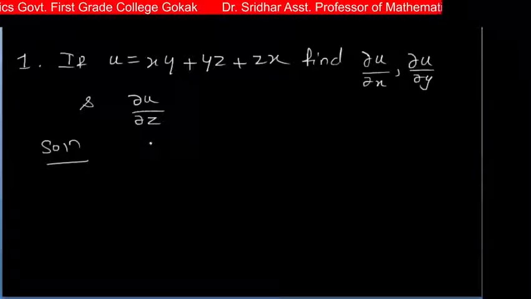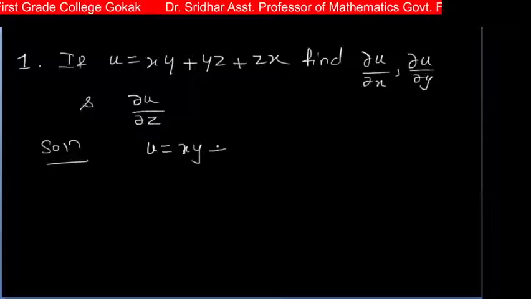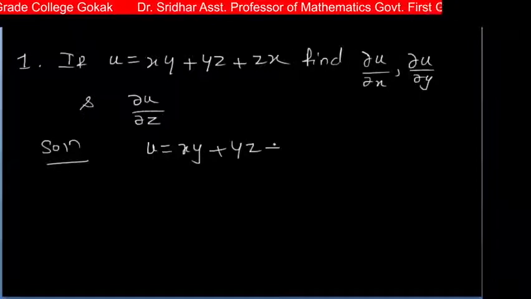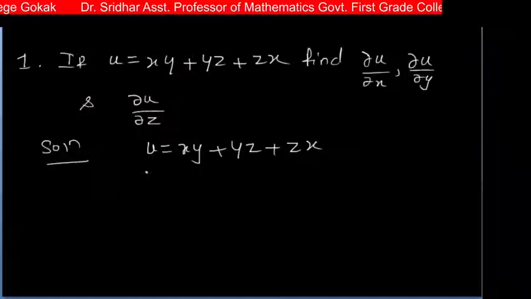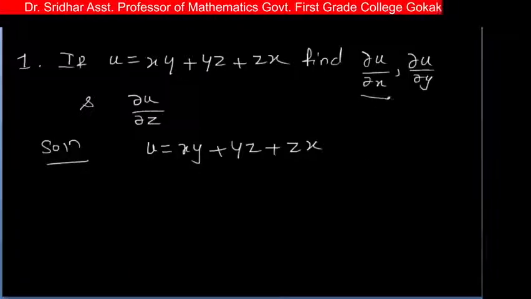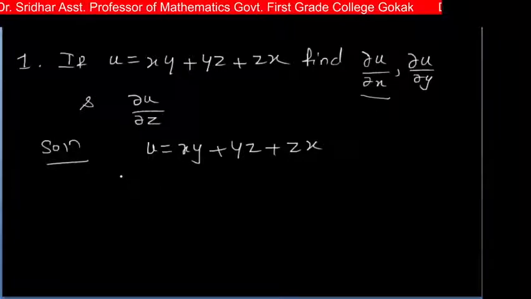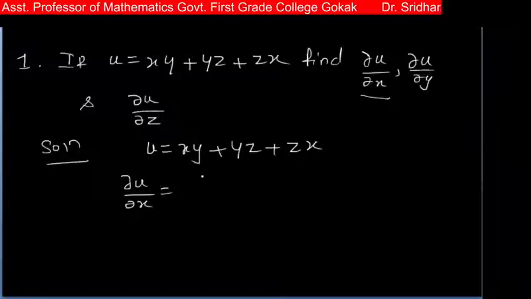So first what we do, we write u is equal to xy plus yz plus zx. Next we find first ∂u/∂x.